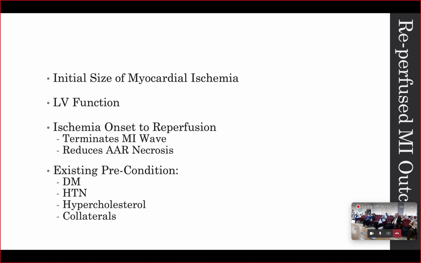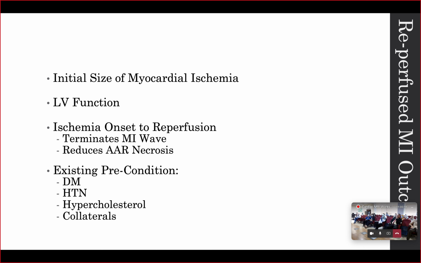But in order to understand the role of the MRI, we need to know some of the factors that will affect the outcome of any reperfusion or any PCI. The initial size of the myocardial ischemia, whether it's a large territory or a small territory, and the existing function before the attack.